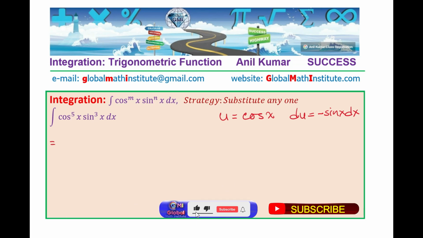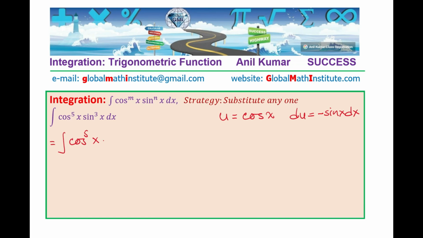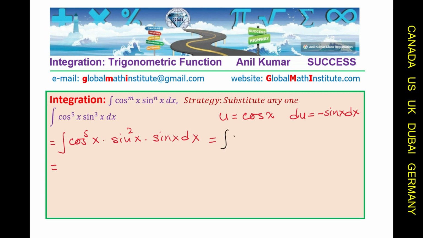Now we'll rewrite this as cos to the power of 5x sine square x, correct? Times sine x dx. Makes sense, right? Similar strategy. Now, sine square x is 1 minus cos square x. Let me rewrite here itself, right? So, cos to the power of 5x times 1 minus cos square x times sine x dx.